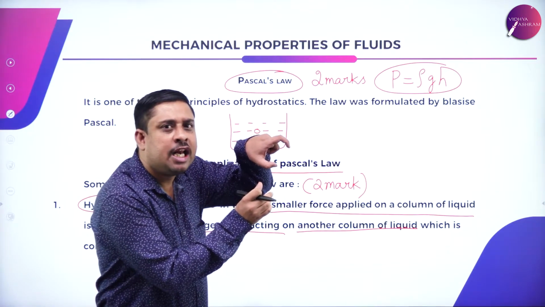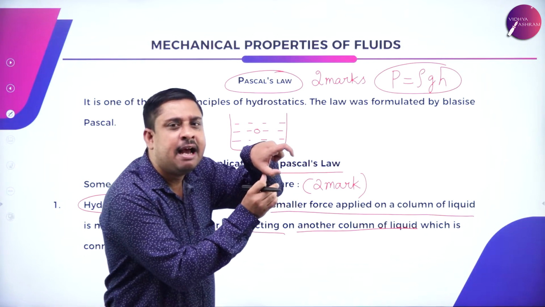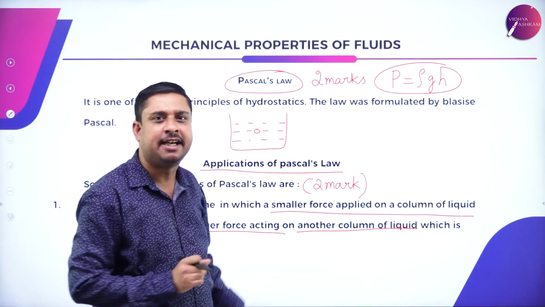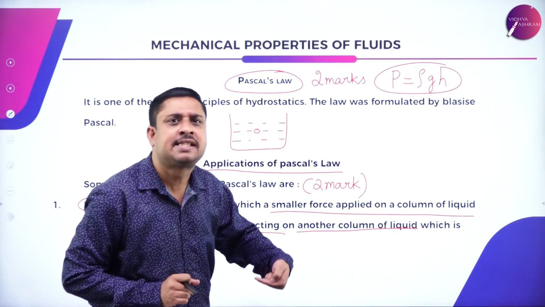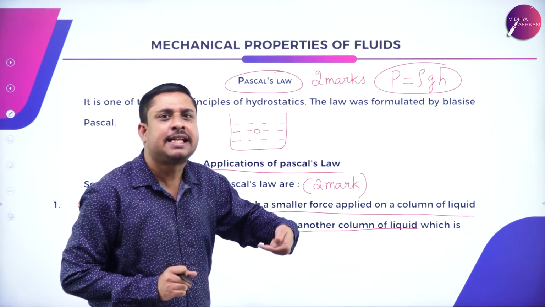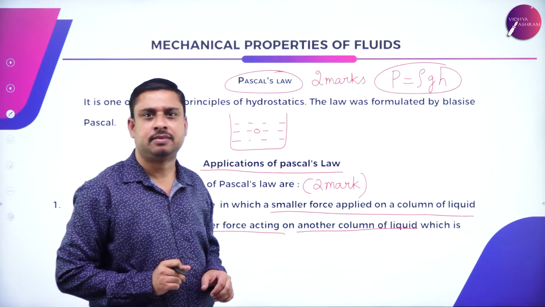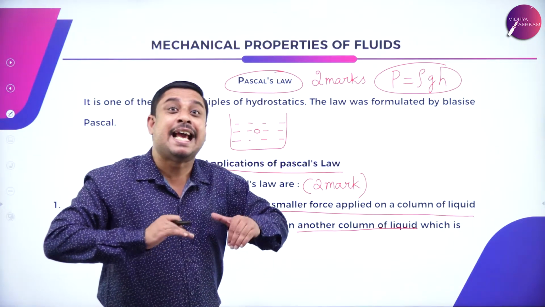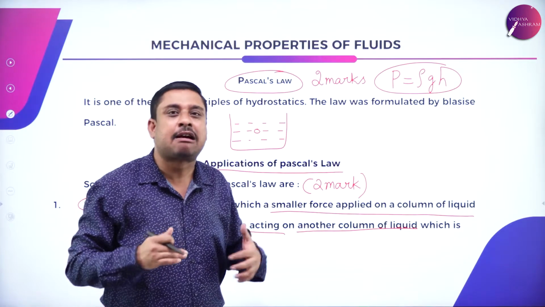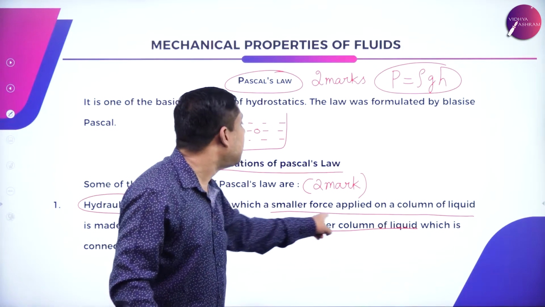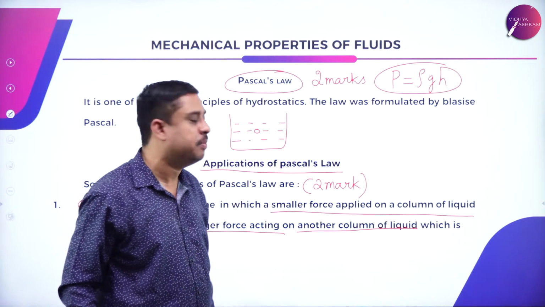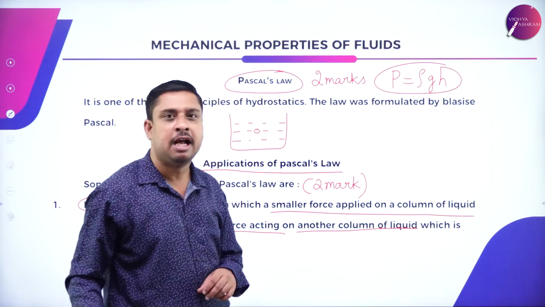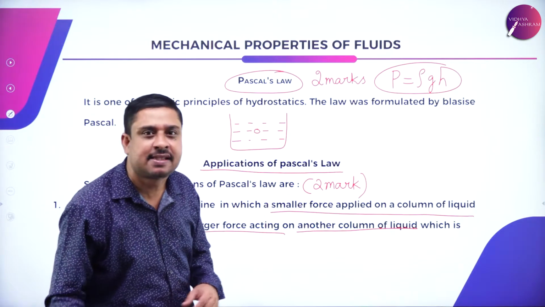Two columns of liquid are connected to each other. A small force is exerted on the first column, which comes out as a larger force acting on this second column, and that is what is called a hydraulic press.